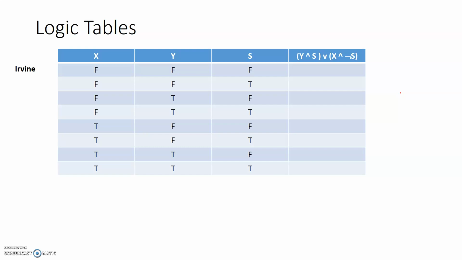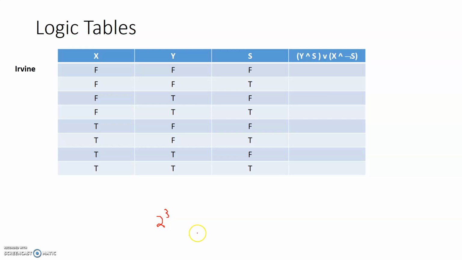Now, when we have three inputs, and this is just Irvine, Stallings is going to be the next slide, we have to be very careful that we get all of the possibilities of these inputs. If x, y, and z are going to be our inputs, we need 2 to the 3 in terms of rows.